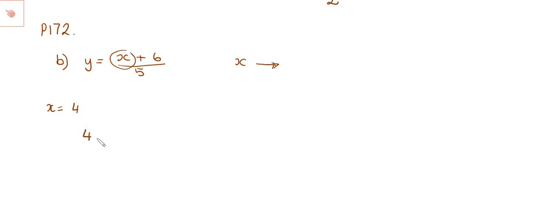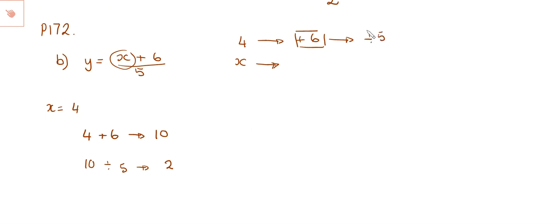I would do 4 plus 6 and get the answer 10, and then 10 divided by 5, and I would get the answer 2. So if I put that up here, it would be 4, then I would add the 6, then I would divide by the 5, and the answer I get out would be 2.